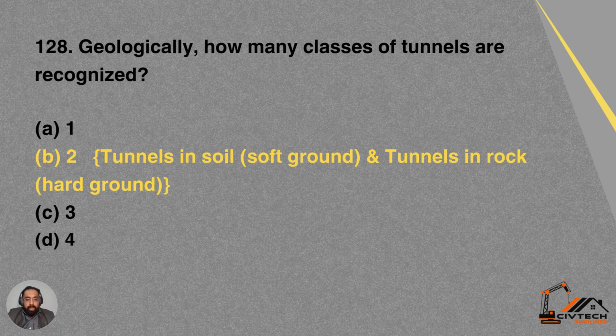These are tunnels in soil or soft ground, and tunnels in rocks or hard ground. So geologically, there are two major types of tunnel: one drilled in the soil, and one drilled in the rock or mountains. So soft ground and hard ground tunnels. So B here is the correct answer.